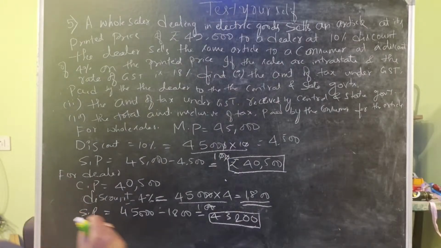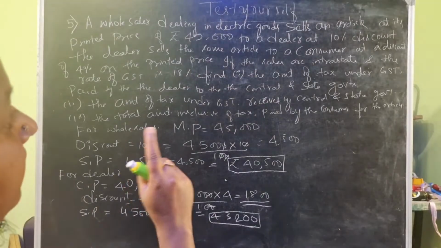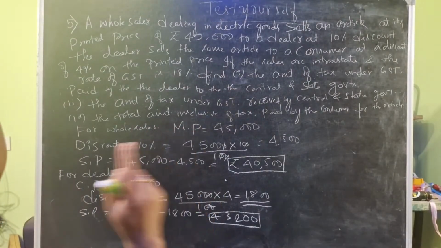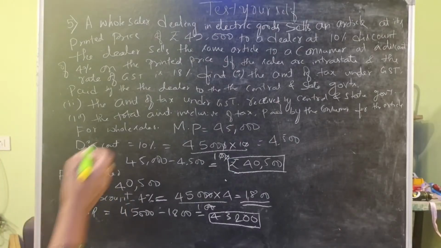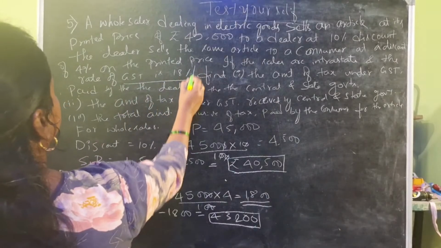So for the first question, the amount of tax under GST paid by the dealer, for this amount we have to find the CGST and SGST. That means here the GST given is 18%.